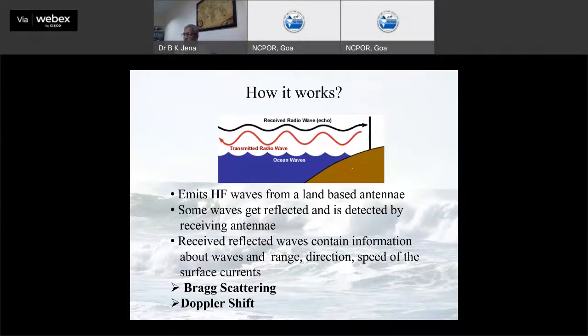So it has a certain known wavelength, and the signal gets reflected and is detected by a receiver antenna, which is also co-located near the transmitter in the same system. This receiver antenna receives the same frequency, in accordance with Bragg scattering, and the current speed and directions are estimated using the Doppler shift.